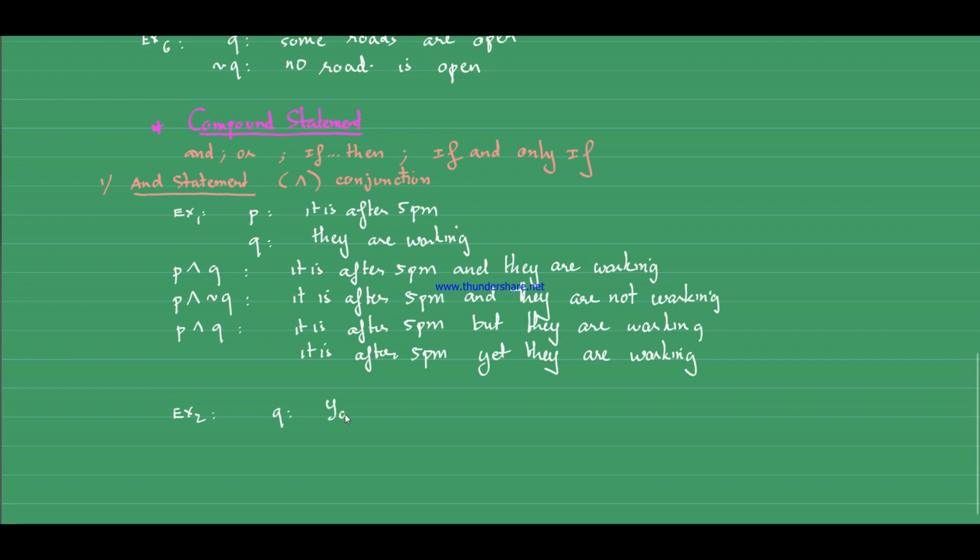The first one is P: you will perform 5 months of community service, and Q, I have like this: you will pay a $100 fine.